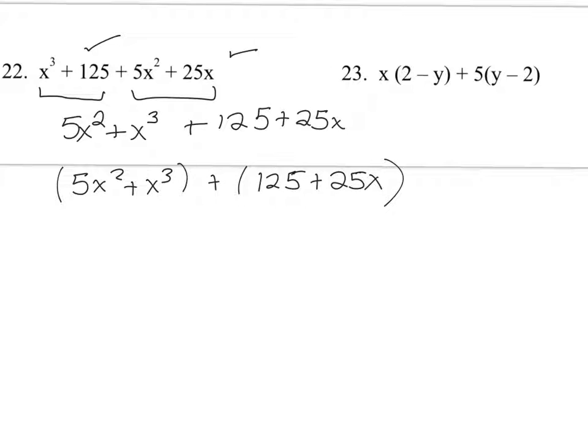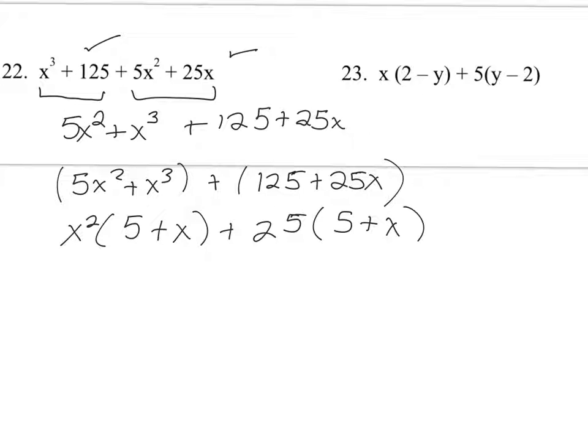Well, we said in our note card that once we group, we try to find a GCF. So the GCF that I'm pulling out here is x squared. And what do I have left? 5 plus x. Over here, what do they have in common? 25. So I pull out 25, and then what do I have left? 5 plus x.